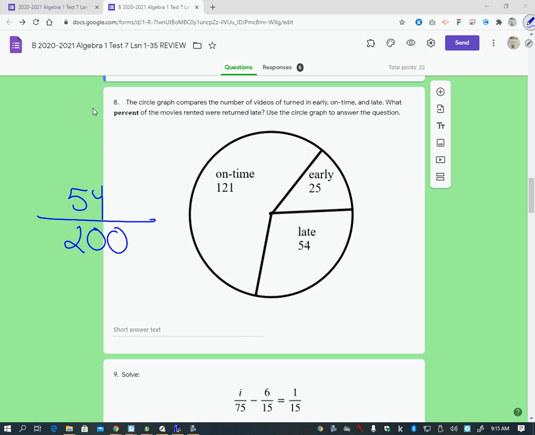You can do this a couple of different ways. We want this as a percent, so you could set this up as over 100% and solve it that way. Some of you did it that way. So 54 times 100 divided by 200. One way I can see this is that 200 is double 100, so 54 is double whatever that is.